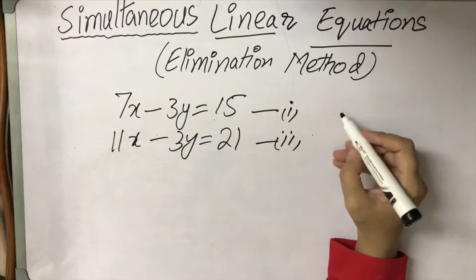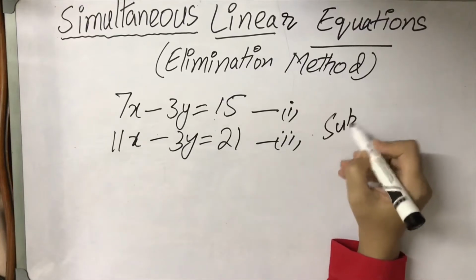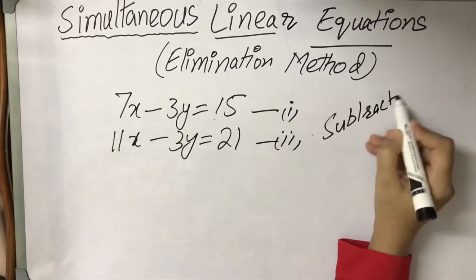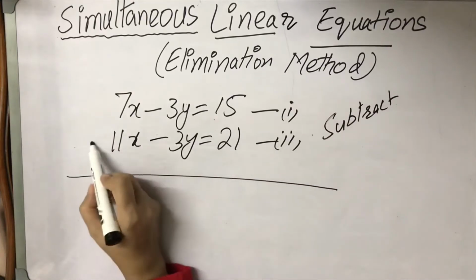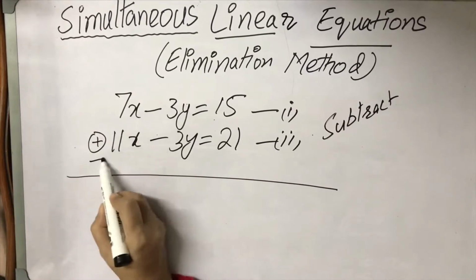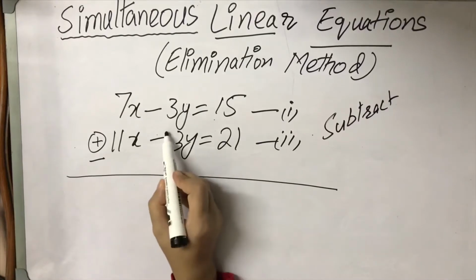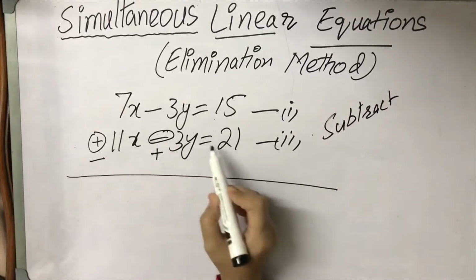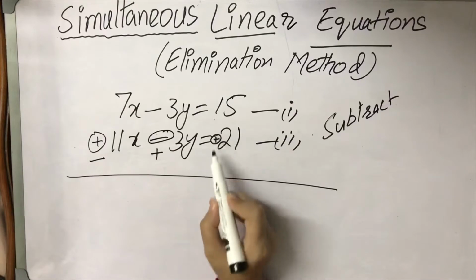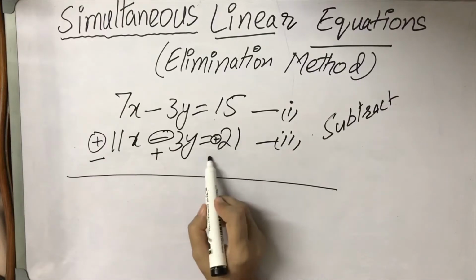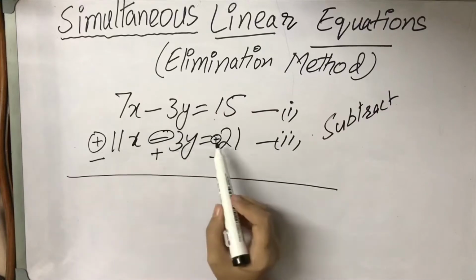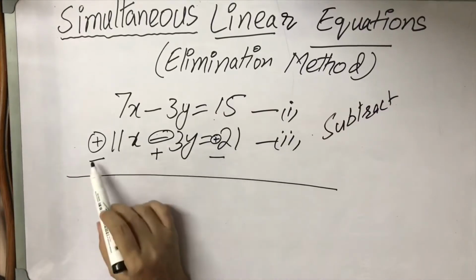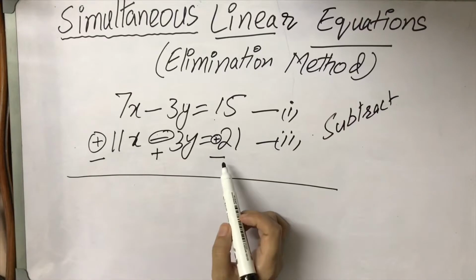So we cannot add them, we have to subtract them. When we have to subtract them, we shall change the signs. Positive 11 will become negative 11, minus 3y will become plus 3y, and similarly positive 21 will become negative 21. Now these signs which are in circles are no more and the new signs will be operated.